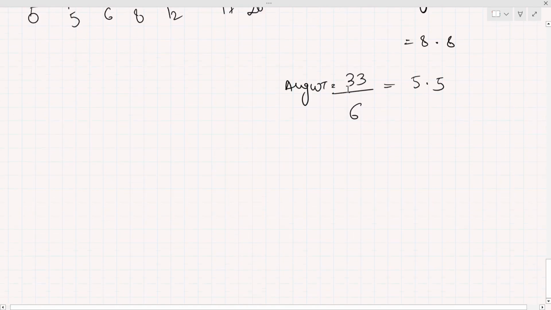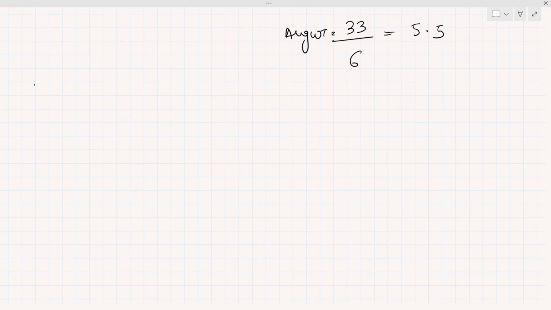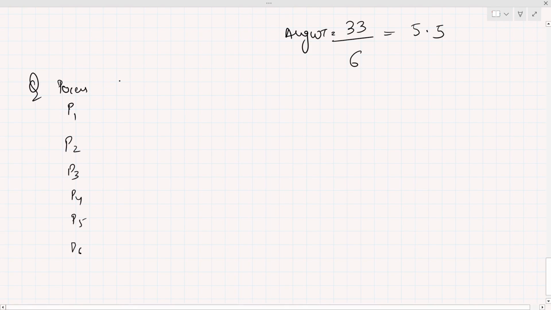Now we are solving one more question and we wrap up the video. Now we are doing a different question. P1, P2, P3, P4, P5 and P6. The arrival times are 5, 8, 6, 3, 1 and 7, and the burst times are 4, 2, 3, 1, 2, 7.